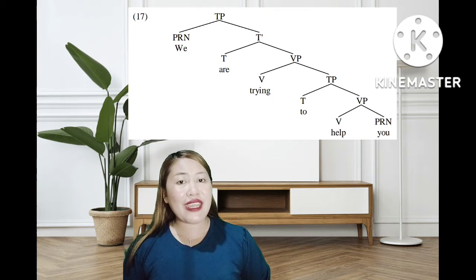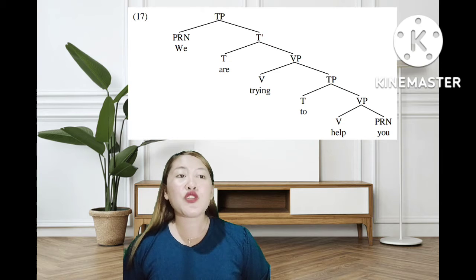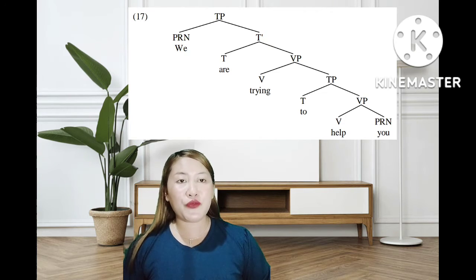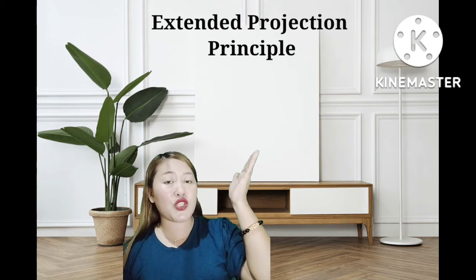Chomsky in 1982 made a suggestion. The requirement for an auxiliary to have two projections, as stated above, was taken in earlier work to be a consequence of a principle of universal grammar known as the extended projection principle.